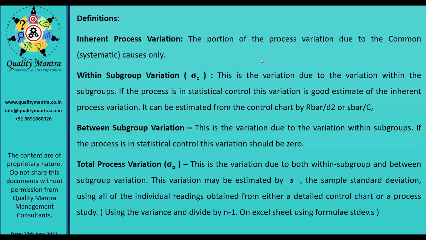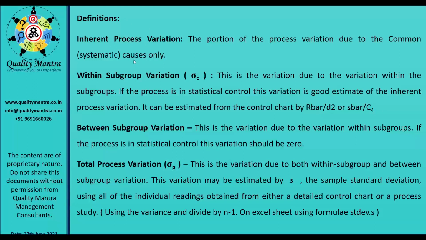If the process is in a state of statistical control, which causes are present only? Common causes. So only the common, systematic causes are present. Then the within subgroup variation can be a good estimate of the inherent process variation.